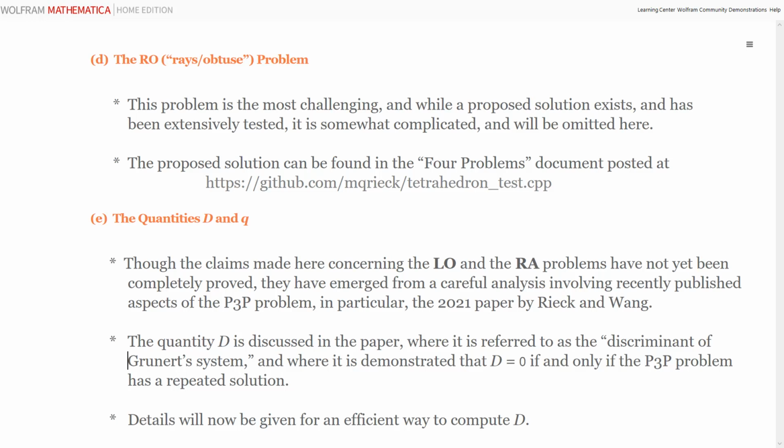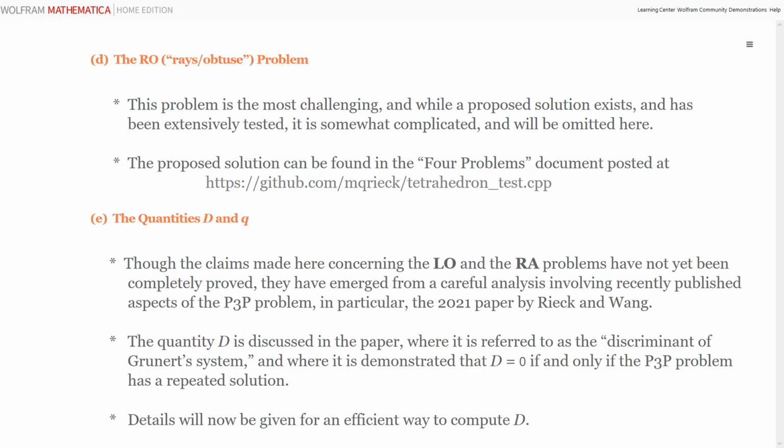but those can be reduced to a single equation involving a single variable, a fourth degree polynomial in a single variable. The discriminant of that fourth degree polynomial can be factored, and the really significant factor in it is what I call capital D. All right?